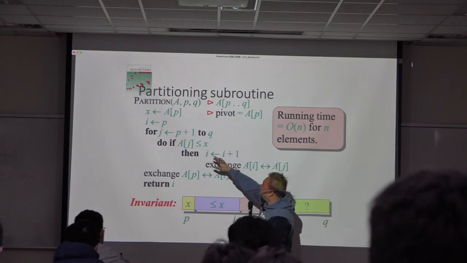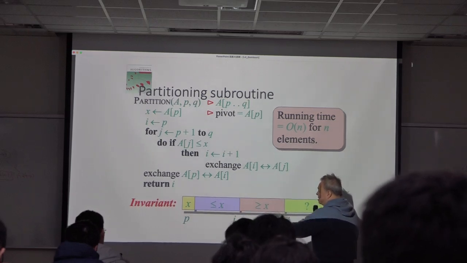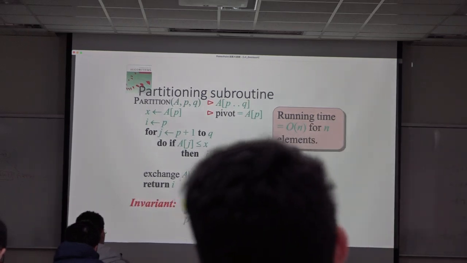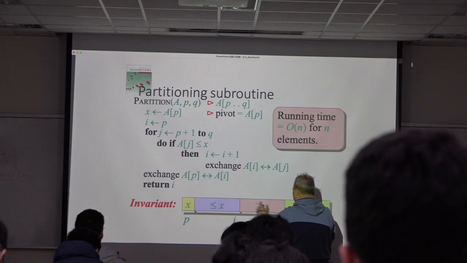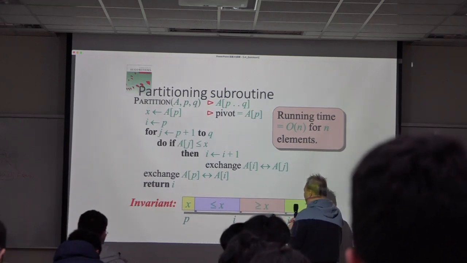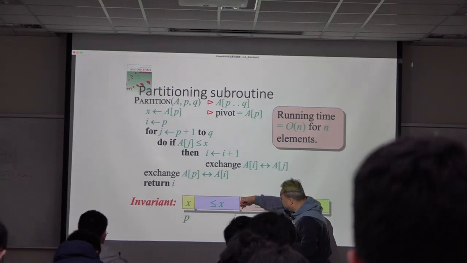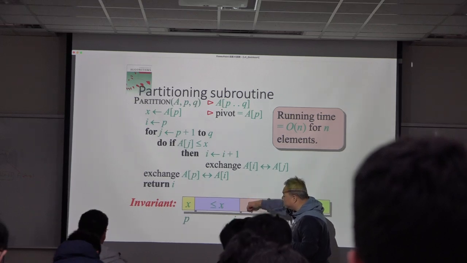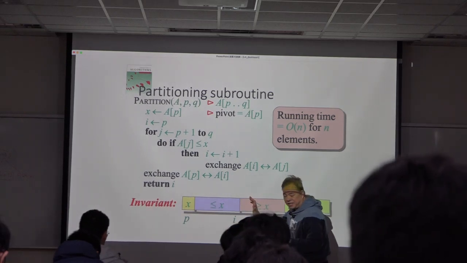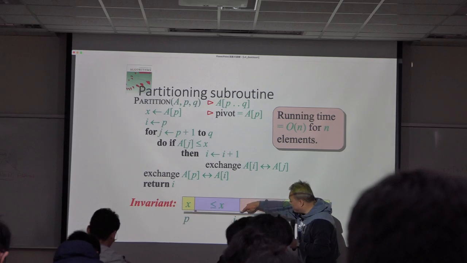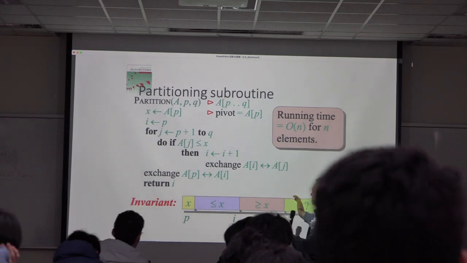If A[J] is less than or equal to X, where is I? We first grow I to this position, and we need to reserve a space for this smaller element. Then we exchange these two, so that we grow one element here to make this part contain the elements smaller than x. The original element was greater than x, so we put it over here, and this block is still greater than x. So we need to do this exchange.